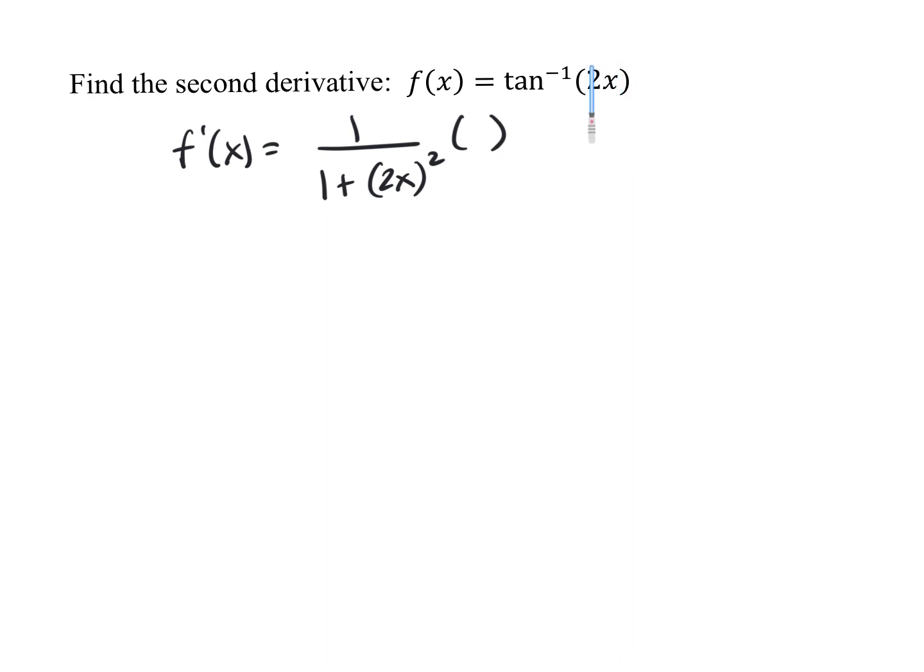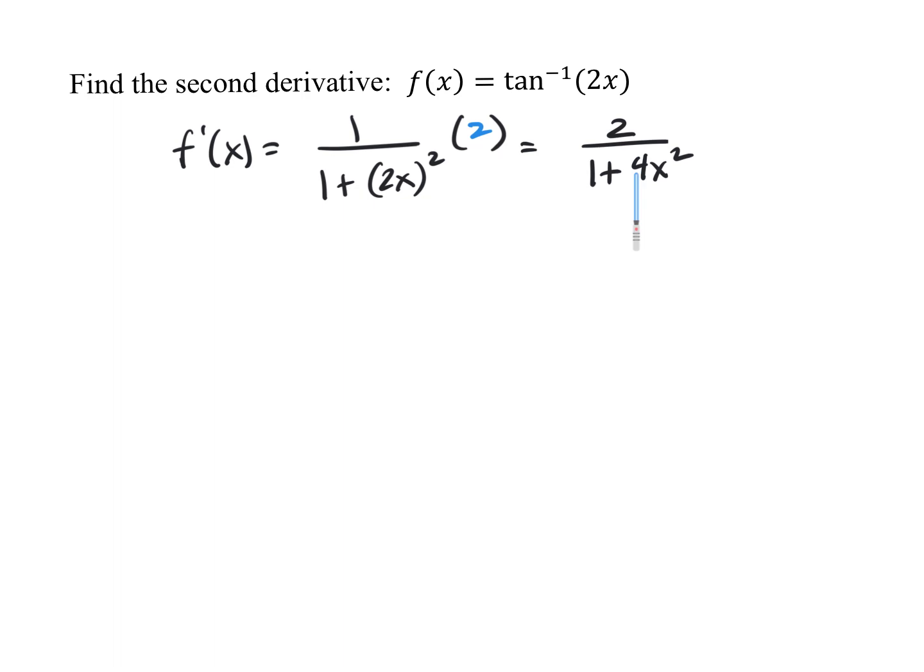The derivative of this, which is what? Nope, derivative of 2x. 2. So I would say we had 2 over 1 plus, let's just simplify this before we go to the second derivative. How do we want to say 2x squared? 4x to the second. Okay, that's my first derivative.